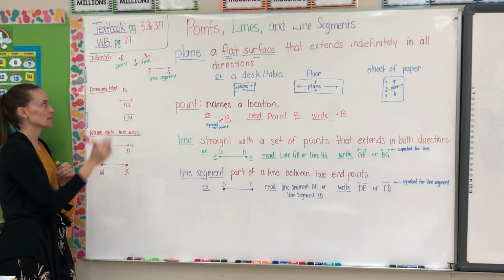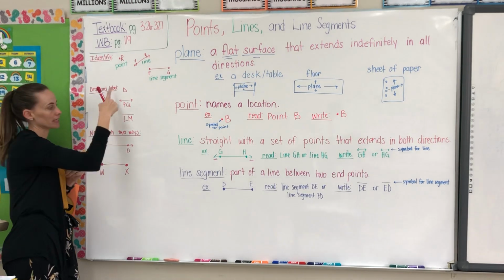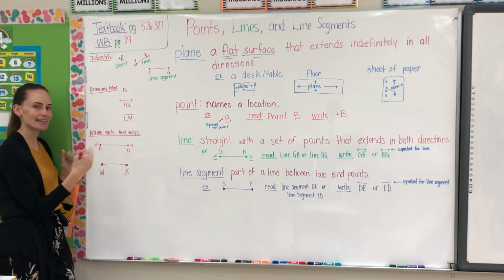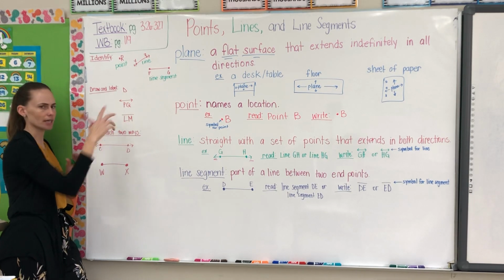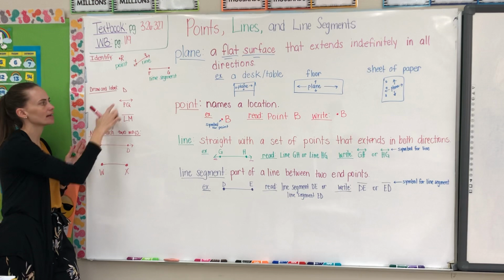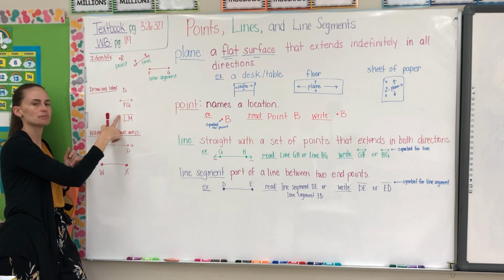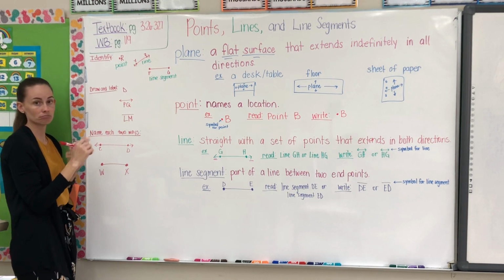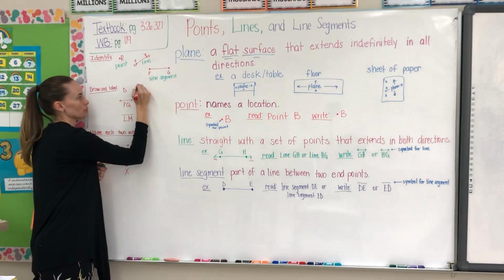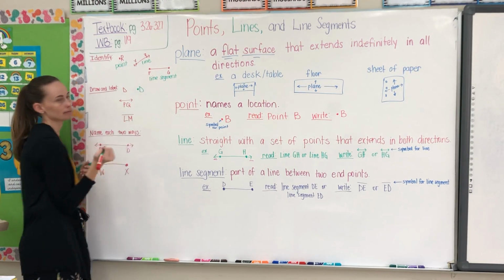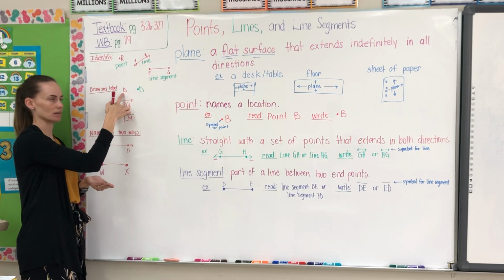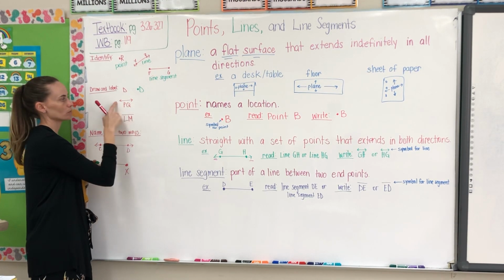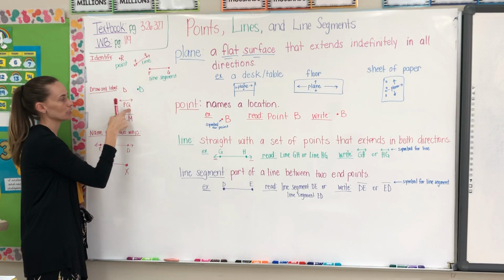Okay? If it says draw and label, they're going to give you what it's written as, and you have to draw how it would look. So for this letter D, it's all by itself. It doesn't have any line, doesn't have a line segment symbol. What must it be? A point. So you would put the point and label it D. Why D? Because they're telling you that's what they want it to be, D. Okay, this one we know is going to be a line PQ.